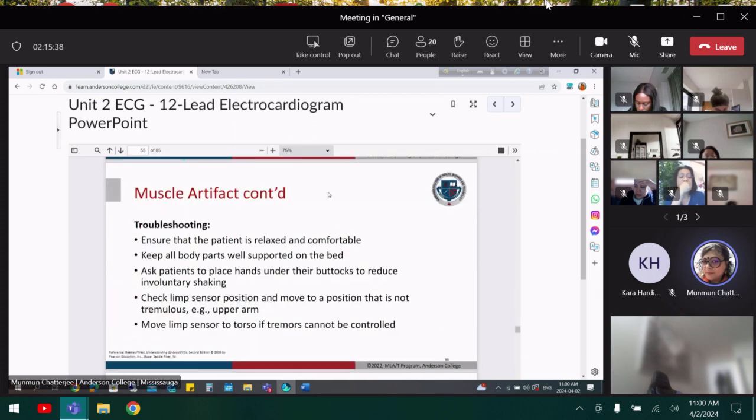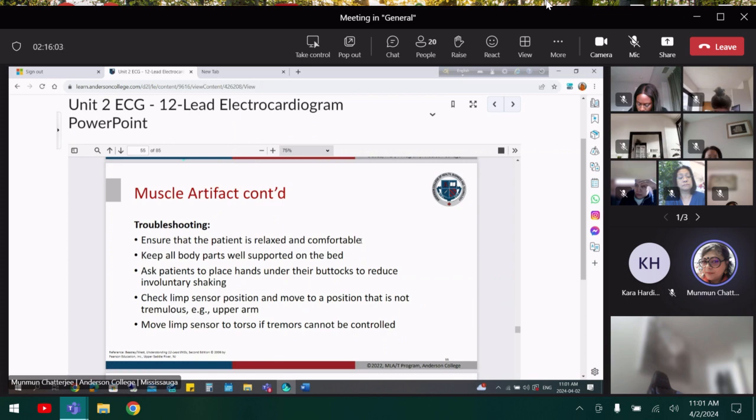So what is the troubleshooting? Ensure the patient is relaxed and comfortable as much as possible. If the patient is moving or has any problem, keep all body parts well supported on the bed, so it's not that one is hanging and one is like that. All should be nicely placed on the bed. Ask the patient to place their hands under the buttocks to reduce the involuntary shaking.